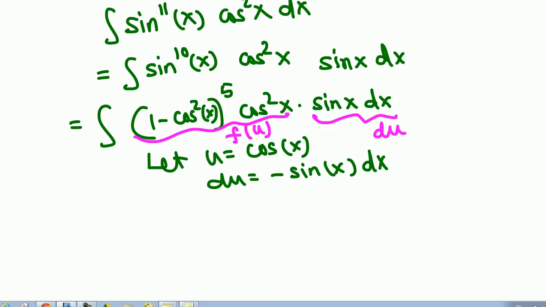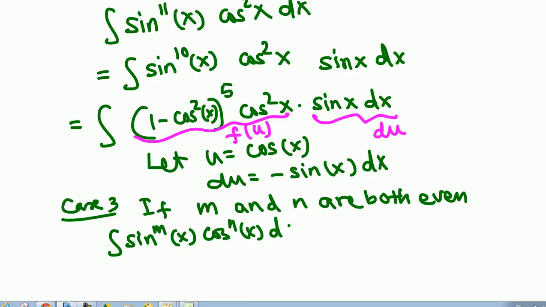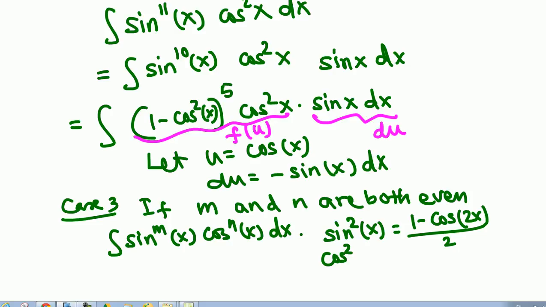Now the last case, case 3: if m and n are both even in sine m x cosine n x dx, if both exponents are even, then we have to go for the half angle formulas, which are sine square x is 1 minus cosine 2x over 2, and cosine square x is 1 plus cosine 2x all over 2.